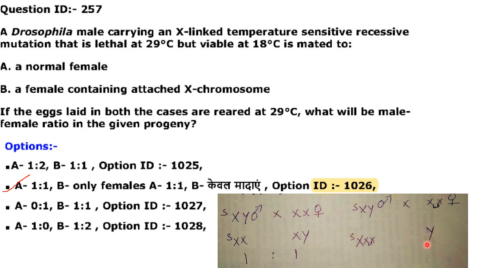It will not survive. So the answer here will be option 2, that is A 1:1, and B only females survive. So the answer here is option 2.